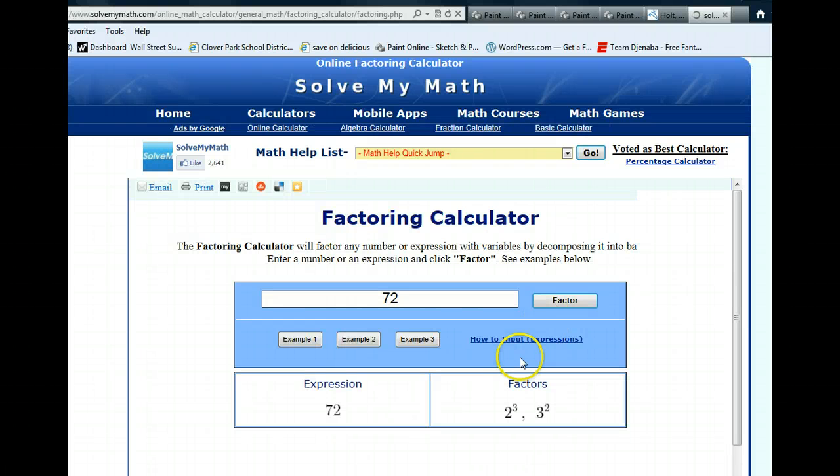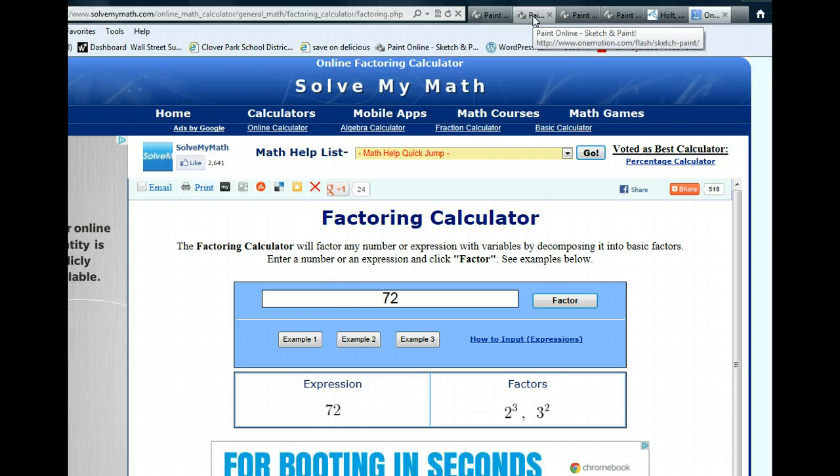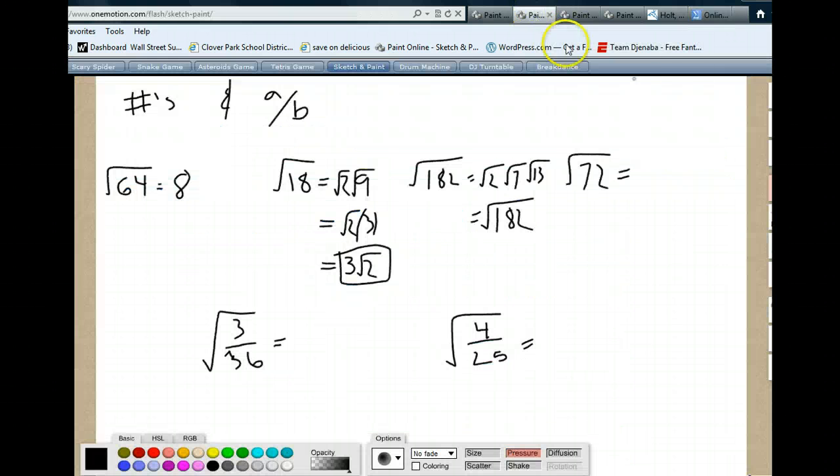Okay, and I get 2 cubed and 3 squared. So going back over here, okay, so I'm going to write 2 cubed and 3 squared.